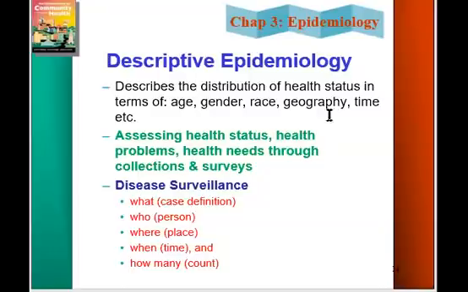Okay? So, it's also one of the activities of descriptive epidemiology, yung tinatawag nating disease surveillance. Okay? So, the disease surveillance po, it is actually an information-based activity and it involves the collection, analysis, and interpretation of large volumes of data. So large volume po, kasi remember, population po yung kino-consider natin dito.